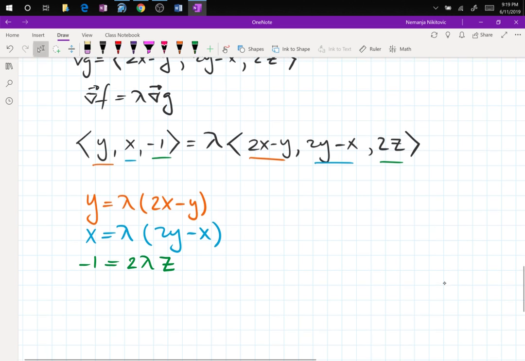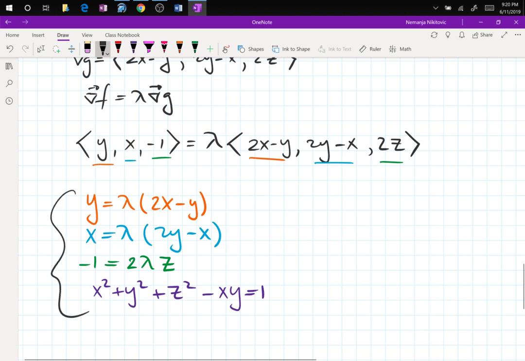And then we have our g equation, which I kept purple: x squared plus y squared plus z squared minus xy equals 1. So here is my system of 4 equations and 4 unknowns.